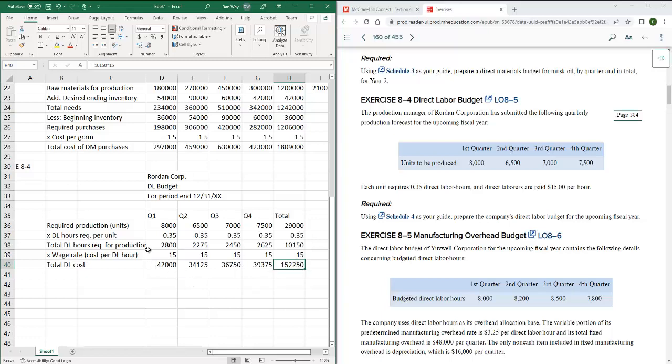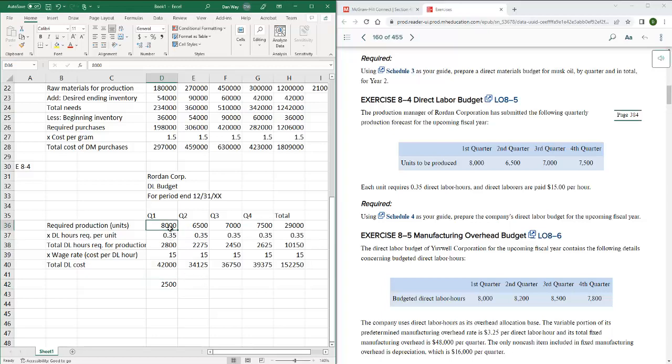One other thing I'd say about labor budgets here, keep in mind that there are certainly instances where laborers have contracted labor hours that aren't necessarily reflective of production. So if, for example, we had a contract in place with our workforce where we paid them a guaranteed, let's just say for argument's sake, 2,500 hours, regardless of whether production supported it, we could also build that into our budget.